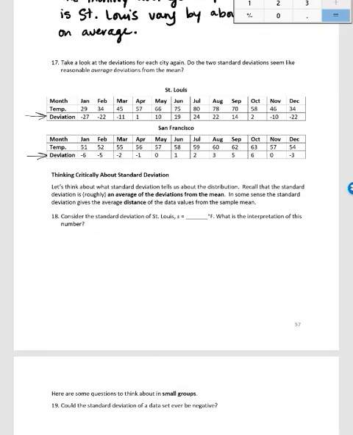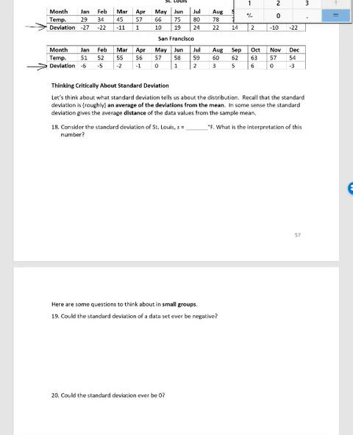And then the last few things I want you to think about. So let's think about what standard deviation tells us about the distribution. So recall that the standard deviation is roughly, conceptually, approximately, an average of the deviations from the mean. Right? So if we have some distribution, here's the mean.